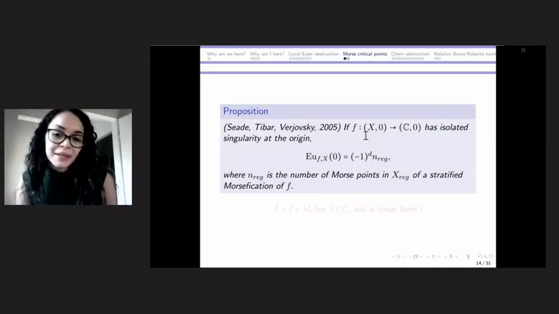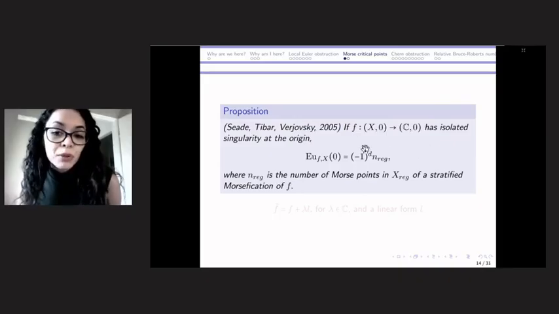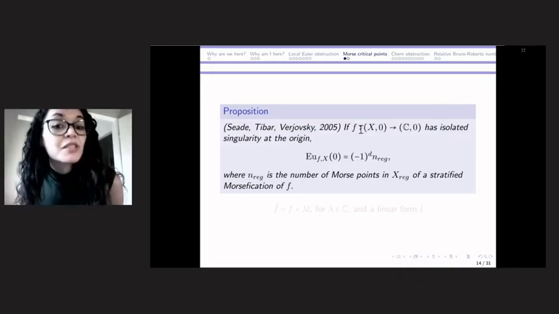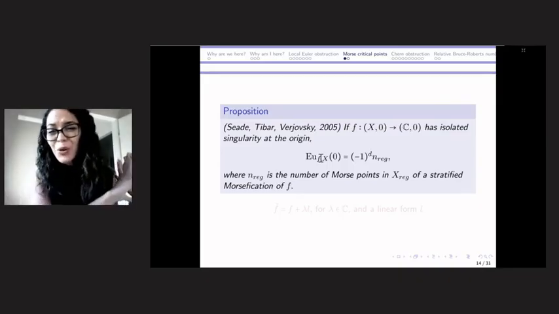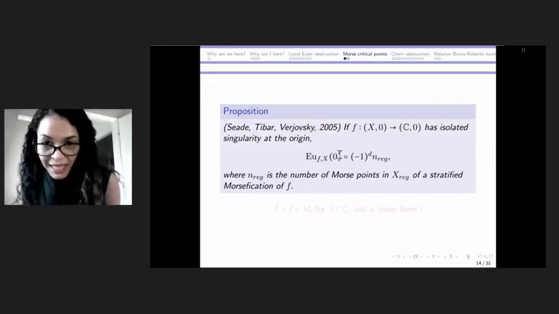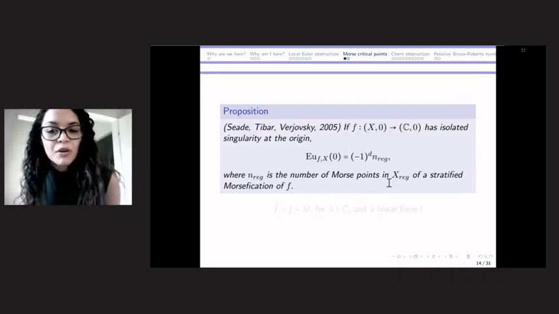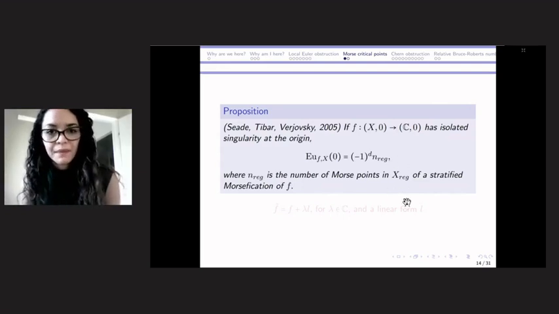And in this very interesting and beautiful paper of theirs, they prove that if f has isolated singularity, then this Euler obstruction of a function, which we saw with all this topological construction just now, is actually the number of Morse critical points of a deformation, of a Morsification of f in the regular part of the variety.